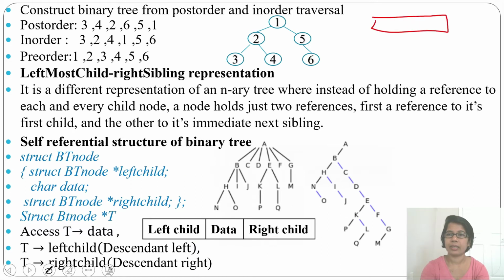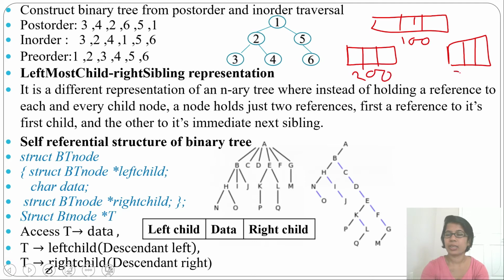It will be like a doubly linked list. Suppose data is 1, and there will be another node for the left child, and another for the right. Suppose the address here is 100, here is 200, and here is 300. Then here data is 2, here data is 5.